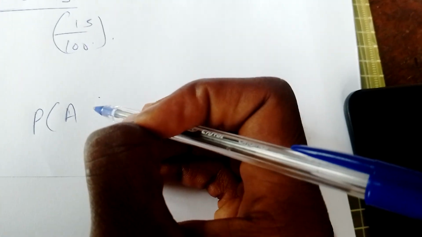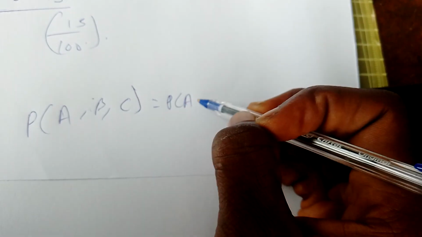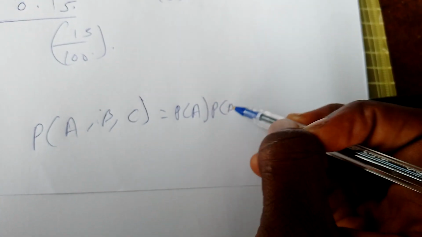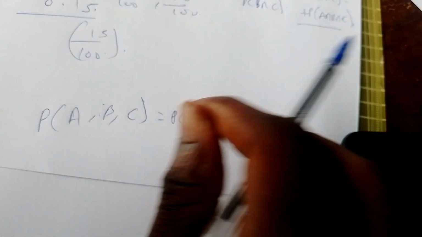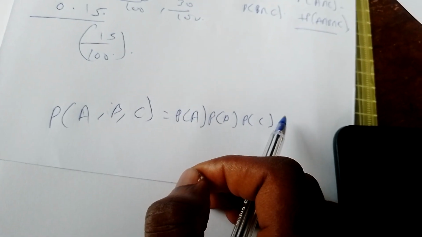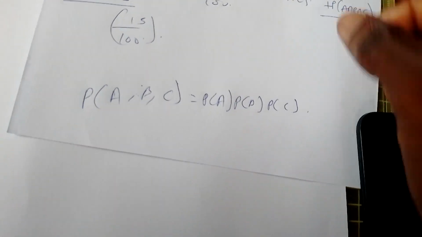If you have probability of A, B, C, and all of them are independent, then you just take the product. So that's everything for this one. Independent events are relatively easier to solve.